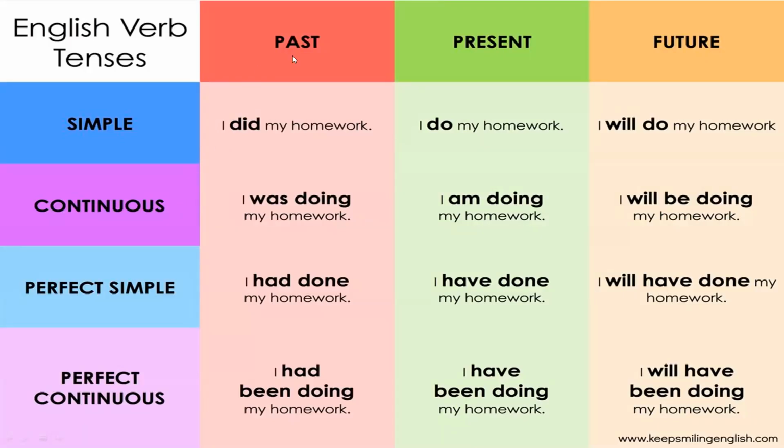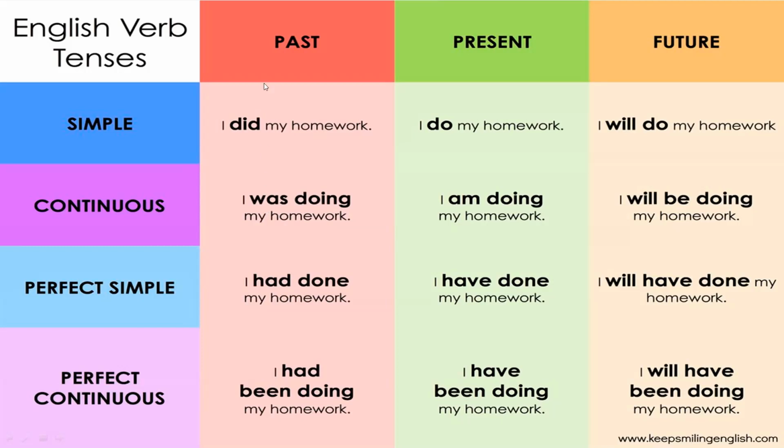And the second form, past continuous, I was doing. This is the subject, was, this is the auxiliary verb, the past form of verb to be for the subject I, and doing, this is the do, the infinitive form of the verb, and ing, this is the continuous verb.